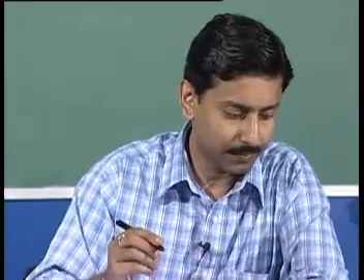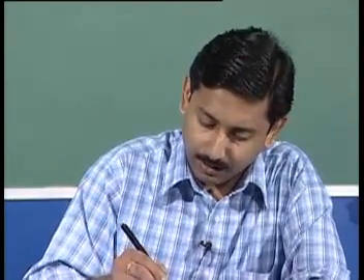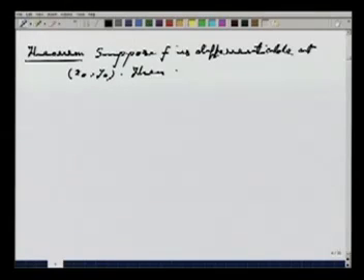I say then alpha 1 is f_x at x naught y naught, and alpha 2 is f_y at x naught y naught.